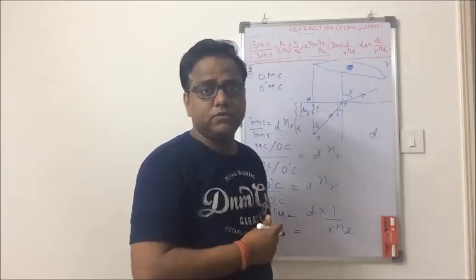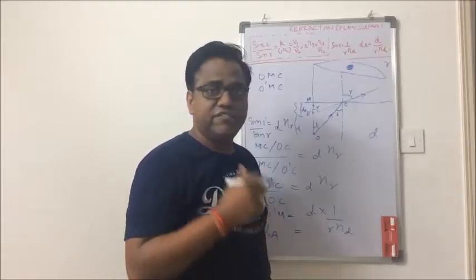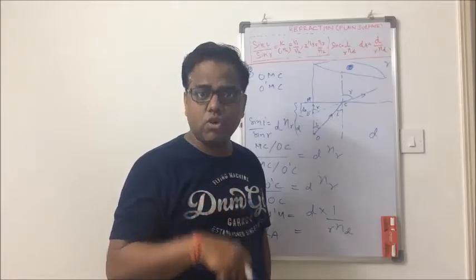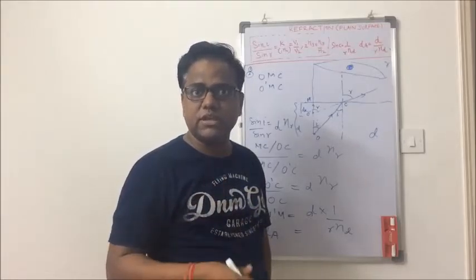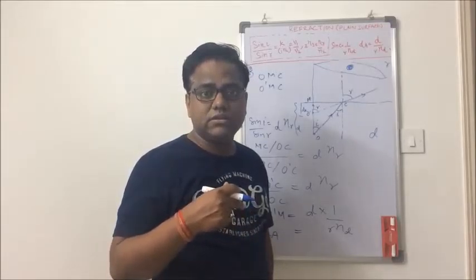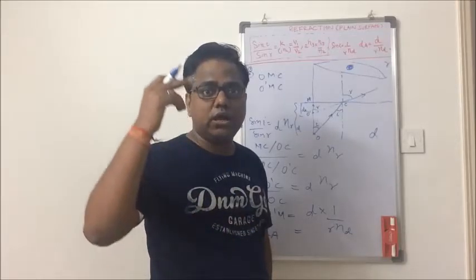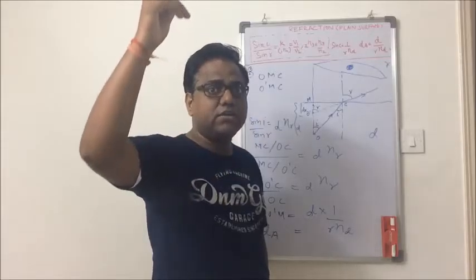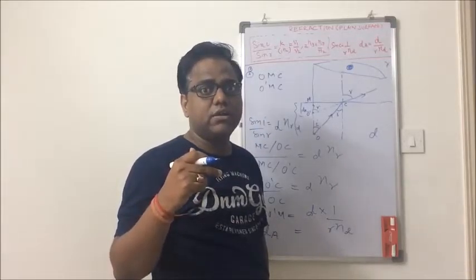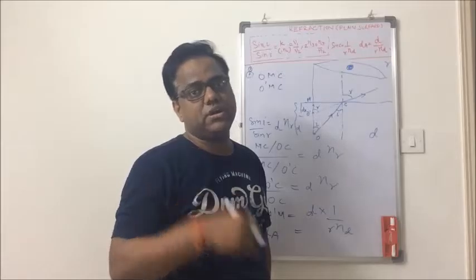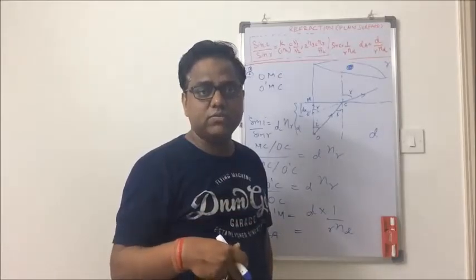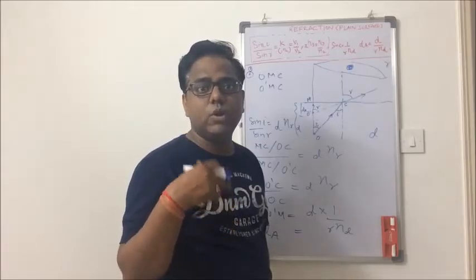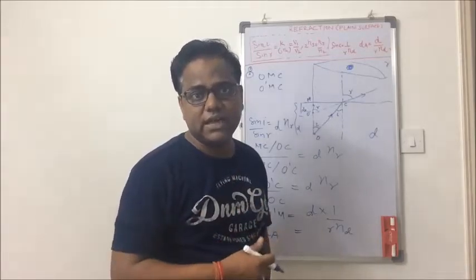So another example which is very interesting: if the viewer's eyes are inside water, maybe it's a fish or anything else, and it is looking at an object which is outside of water, then the real height would be lesser than the apparent height. Means if a guy is standing 5 feet, he will look like 5.5 feet or something like that.